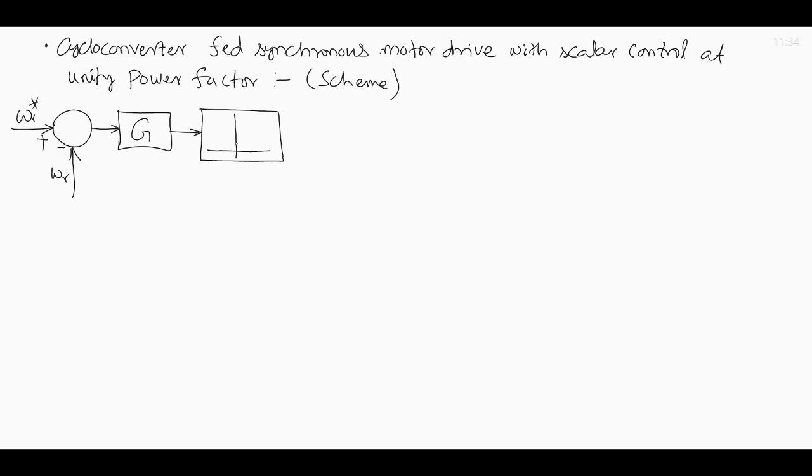So, the stator current I s star hat is generated. This is the stator current. And also the phase angle of the current, phi star hat. These are the inputs to the amplitude or phase shifter.